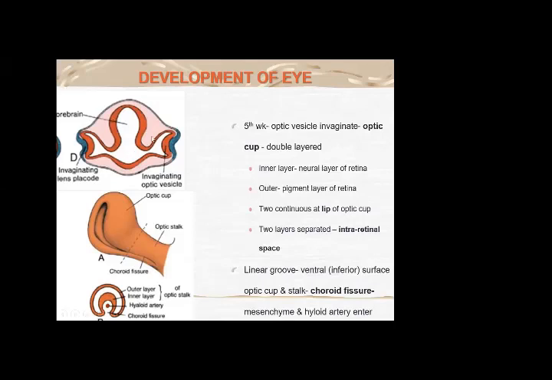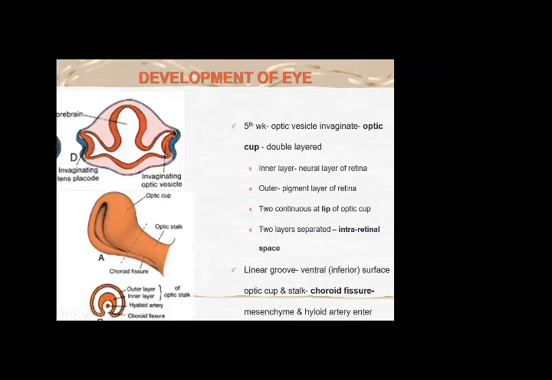Now the two layers, the inner layer of the optic cup and the outer layer of the optic cup, are continuous at this level over here. This we call the lip of the optic cup, where the inner and outer layers of the optic cup become continuous with each other.